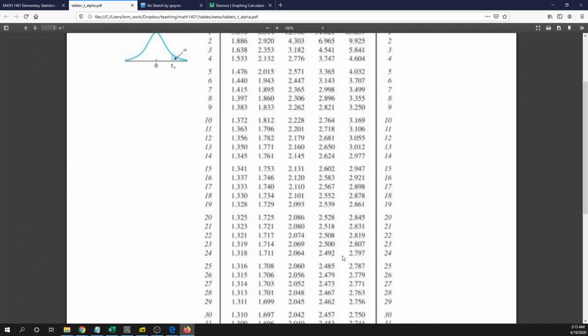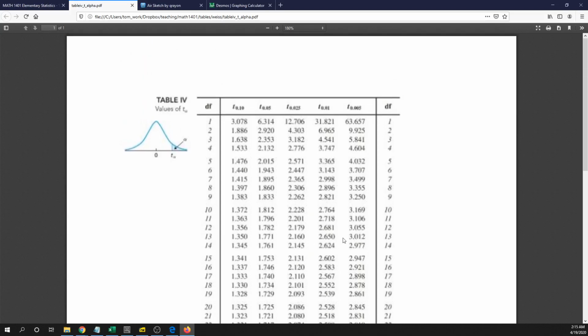Now remember, this table only gives the area to the right of that. So in this case, the two-tailed test, it's only half the area. All right. So then we go straight up to the top.